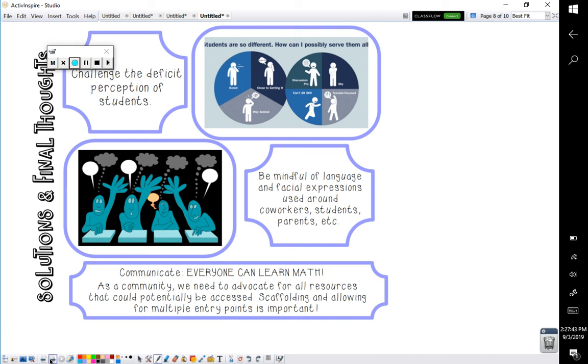The language, the facial expressions that we use around our coworkers and students and parents can be really, really important. And just communicating that everyone can learn math, that math is all around us and that it'll be here forever. So we've got to help our students and advocate for all the possible resources that we have access to, or we could have access to if we asked, and scaffolding and allowing for multiple entry points.